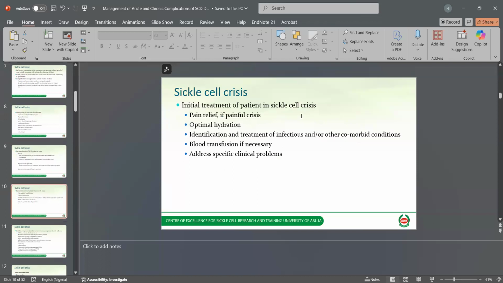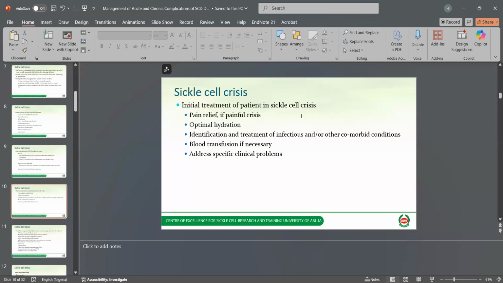The initial treatment includes pain relief if it is a painful crisis. If you've assessed the severity of pain, you know the kind of analgesic you will give. Then once the patient's pain is relieved, you can go back to the history and properly examine the patient in order to identify the triggers of the crisis.